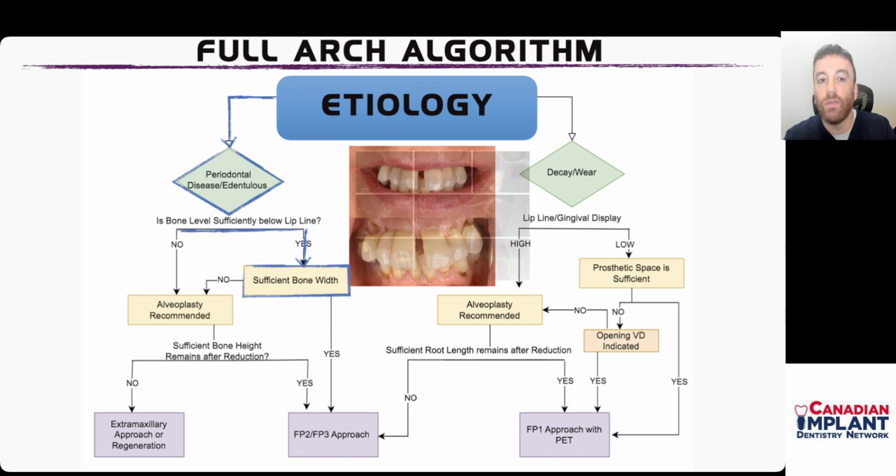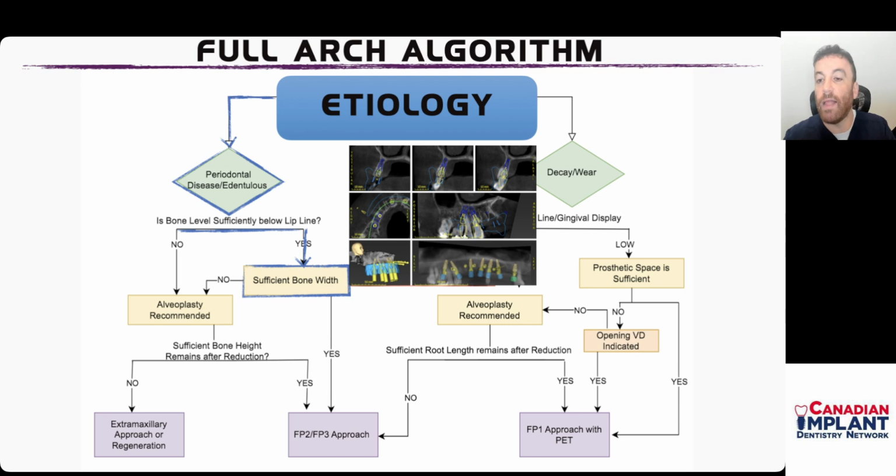That involves bringing your data into your planning software and looking if you have sufficient width for the implants you're going to place. If you do not, that's when alveoplasty is going to be recommended, so that you have at least 1 to 1.5 millimeters of bone on either side of that implant that you're placing.